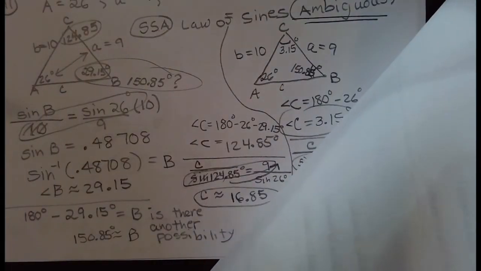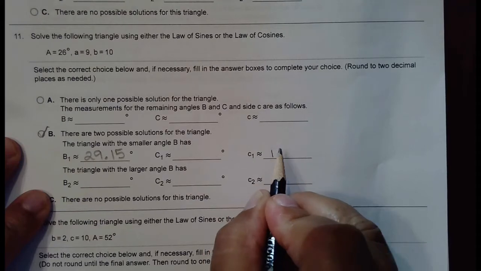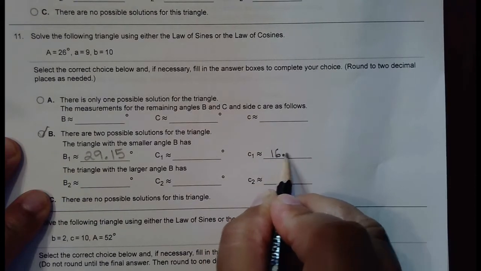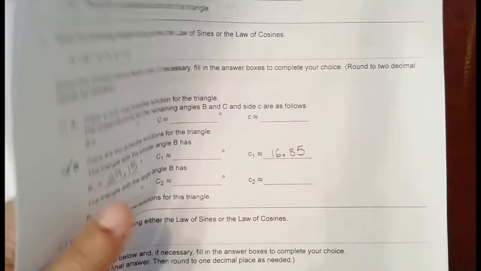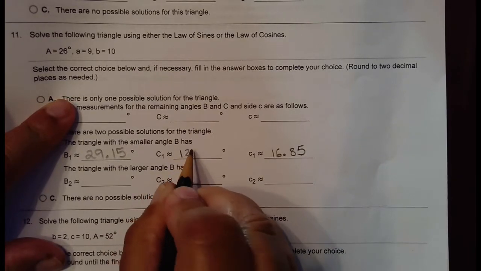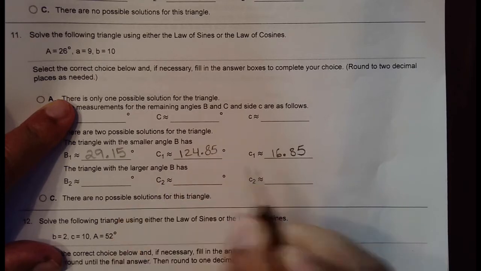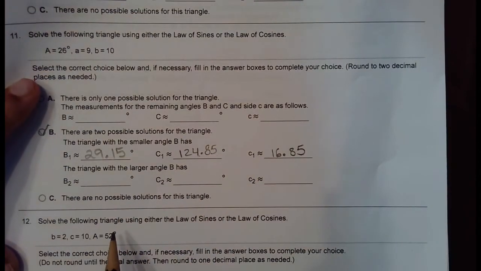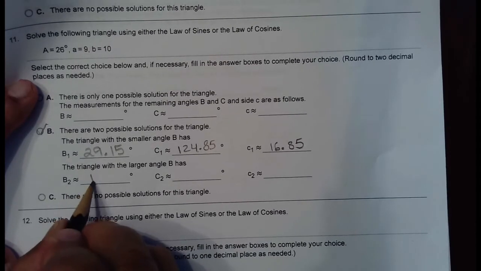Just put the answers where they belong. Then in the second triangle that we drew, where we had a different angle B, that one was 150.85 because this was the two possible solution case. Angle C turned out to be 3.15. And the side across from it turned out to be 1.13.